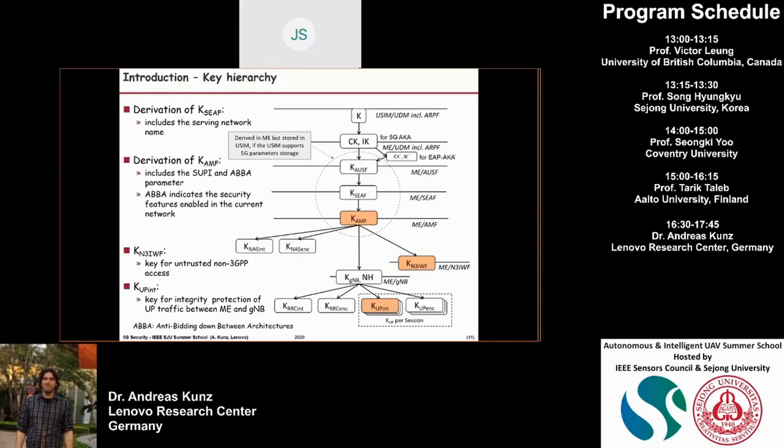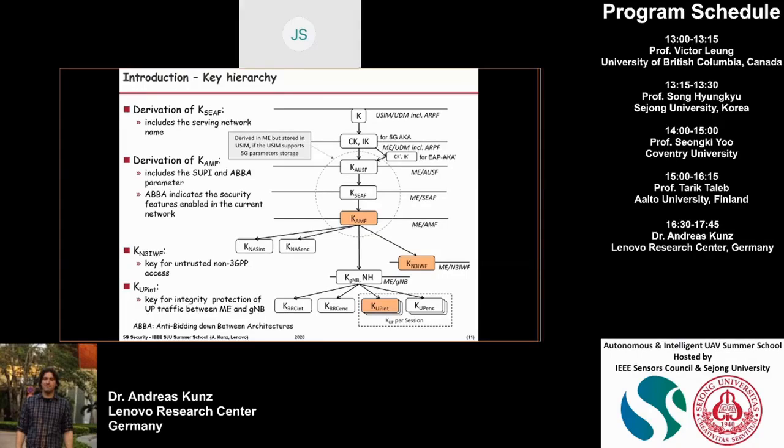But now the SEAF will generate a KAMF and includes the private identity, the secret identity SUPI, in the key derivation function, as well as the ABBA parameter. The ABBA parameter is basically for anti-bidding down and indicates the security features of the network.